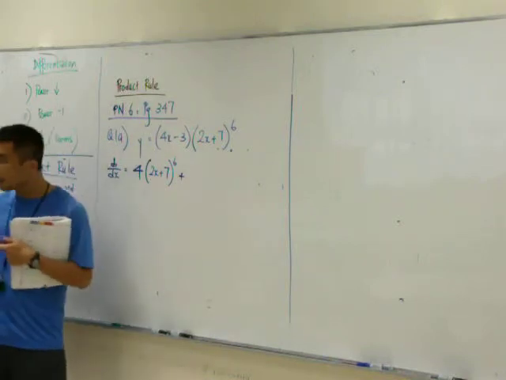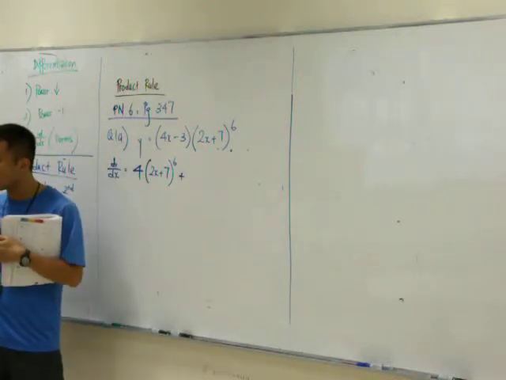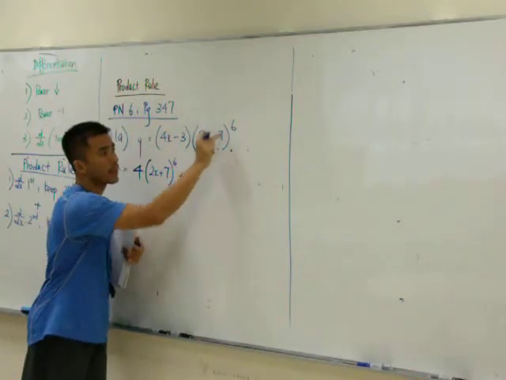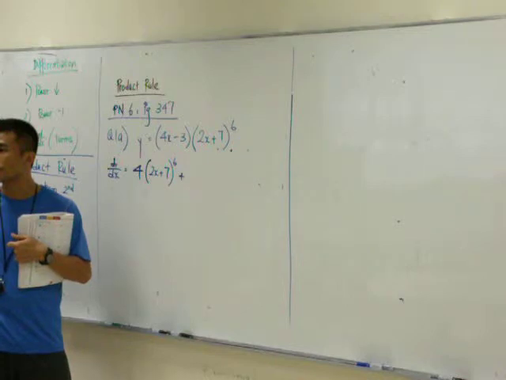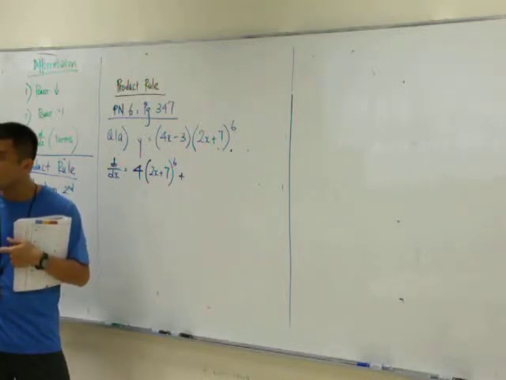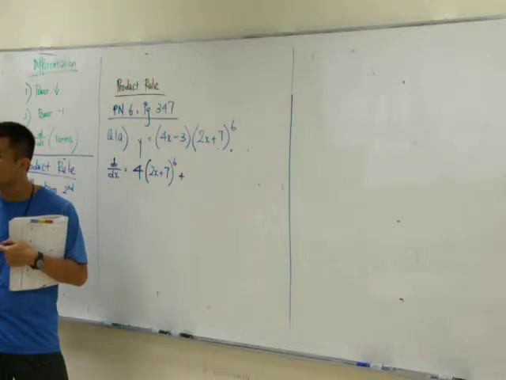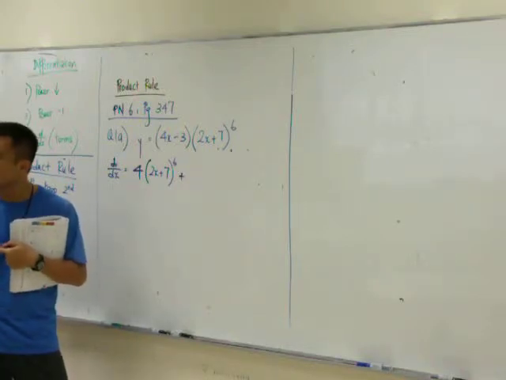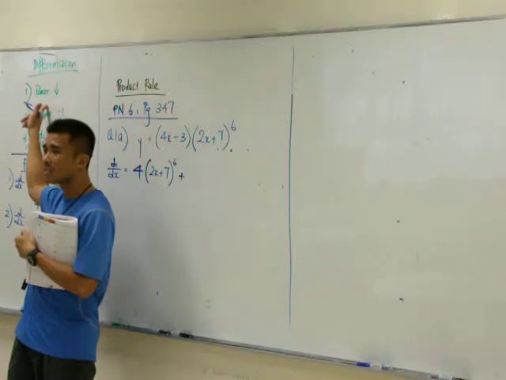Plus, differentiate the second. Can we just differentiate like that? Cannot. Why? There is a power 6. So now, Izam, how to differentiate the second one? 5. What do you do first step? Number 1.